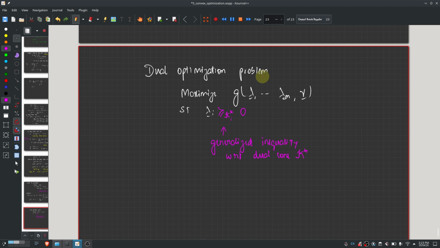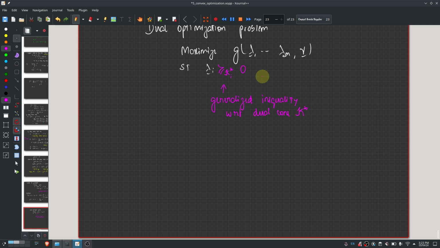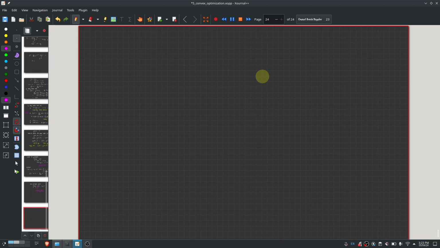Okay, so let's see a couple of examples of such problems. We'll maybe see some general examples instead of specific ones, general classes of optimization problems.